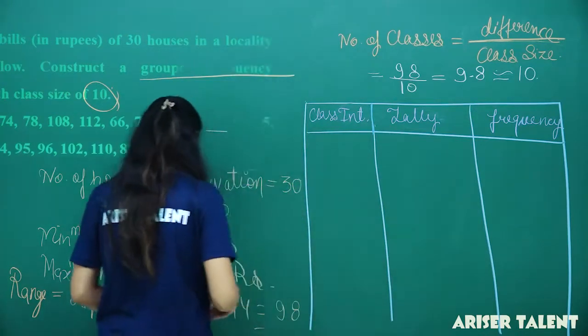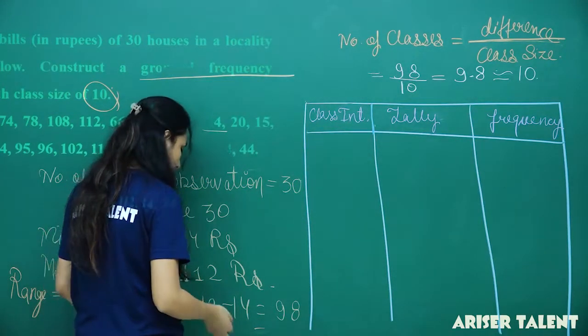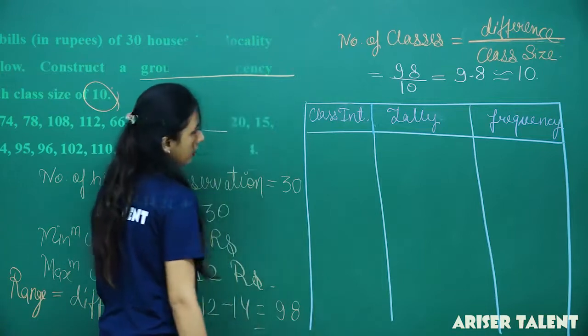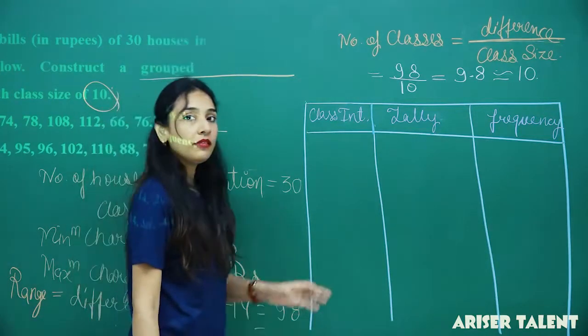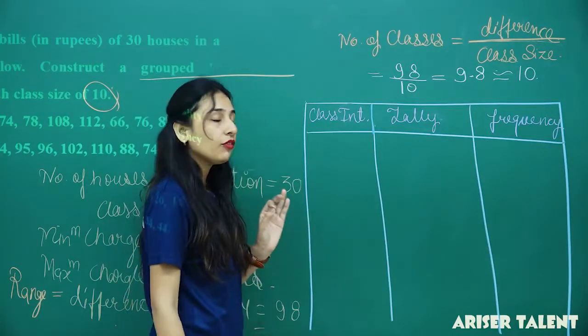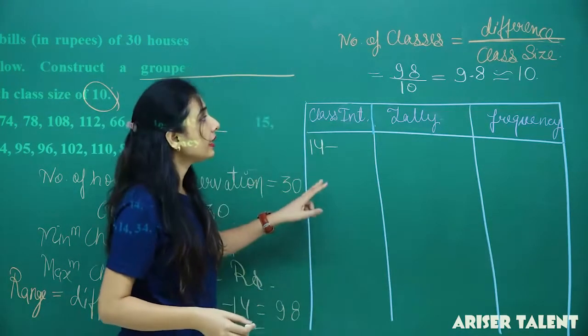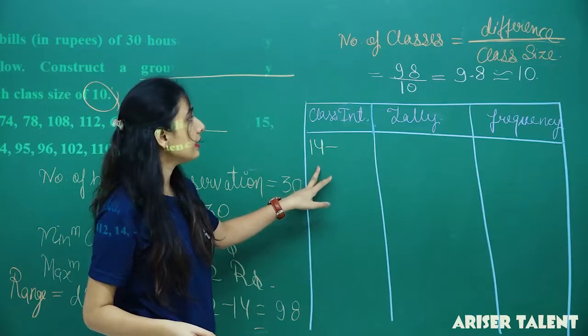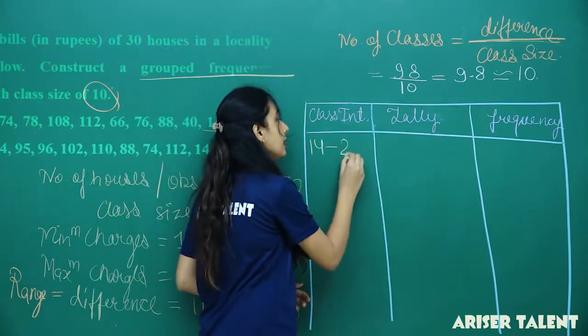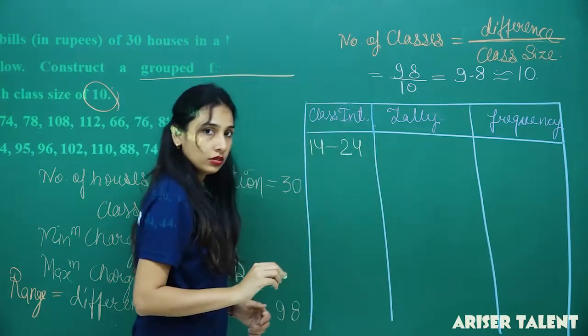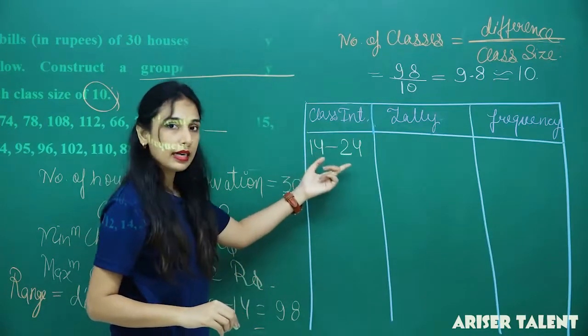Now, you have been given the class size, how will you write the class intervals? First, you will start with the minimum value. The minimum value was 14, and you have to take the class size as 10, so that will be 24, for 14 plus 10 is 24.